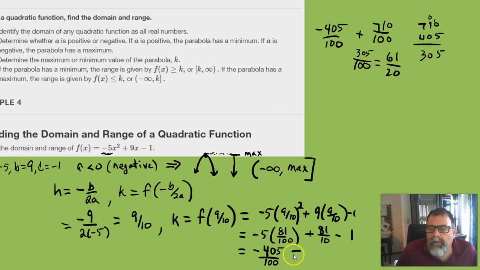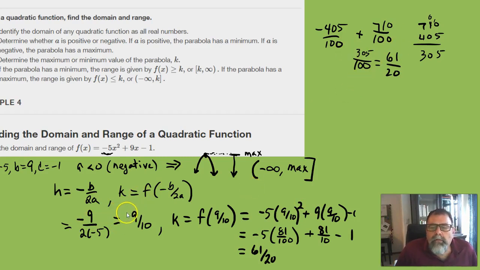Okay, so I'm just going to write the final answer there. So the max value is 61 over 20, which is like 3.05 or something like that. Oh yeah, because I had it in hundreds. 3.05.